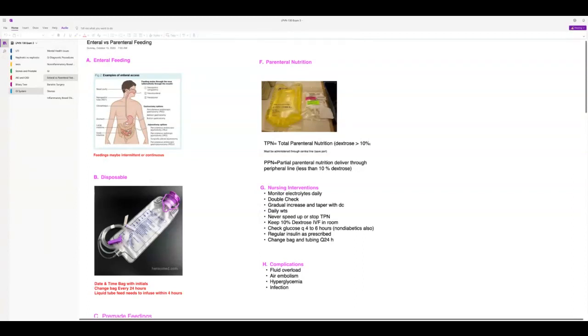They may need coverage with regular insulin. So you need to change the bag and the tubing every 24 hours. It's given through a central line, so you only use that port for TPN, nothing else. Okay. So your complications include fluid overload, air embolism, and hyperglycemia and infection.